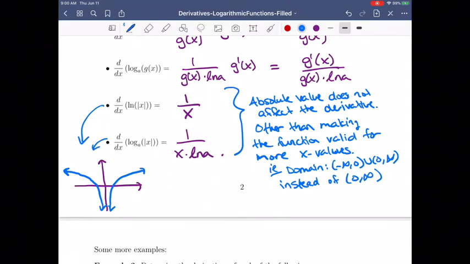They both look like that. So the slopes are the same, but they're going to be negative, right? But x is negative on that side, so 1 over x is going to be a negative number. So it works out nicely. You don't have to stress about the absolute values if they're inside a log when you're taking the derivative.